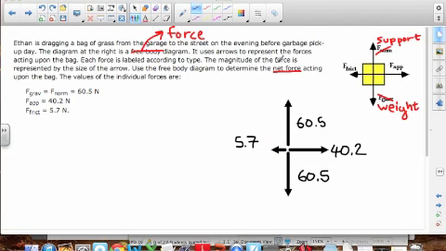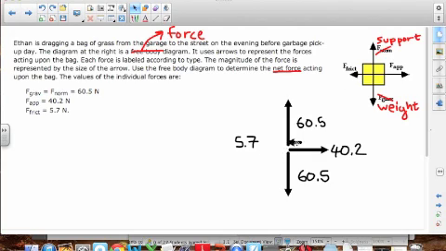So we want to find the net force. The net force is not going to go up or down at all, because the support force is balanced by the weight. But the net force is going to point a little bit to the right, because the applied force is bigger than the force of friction.